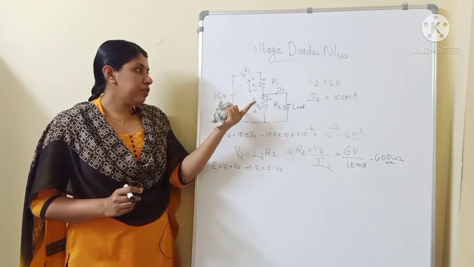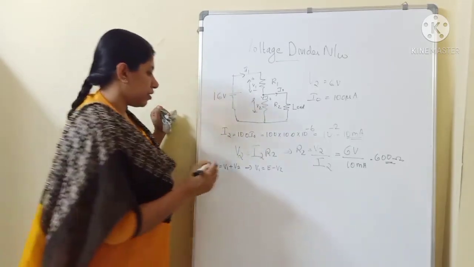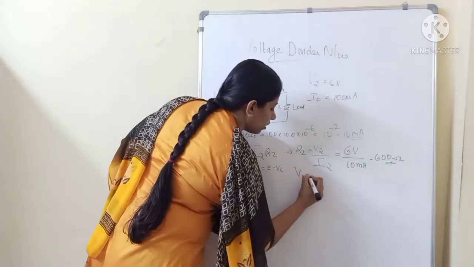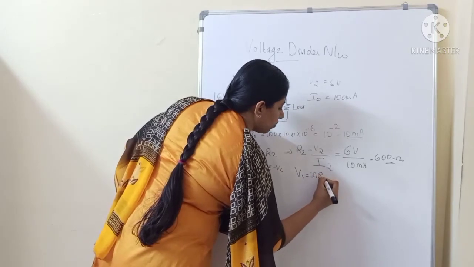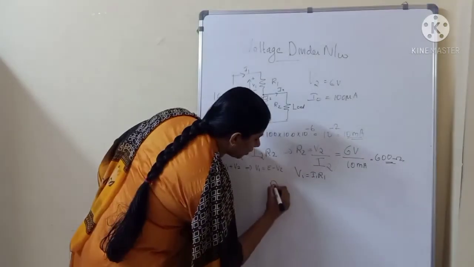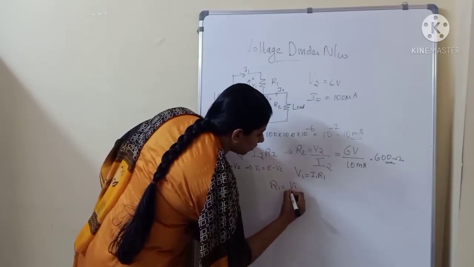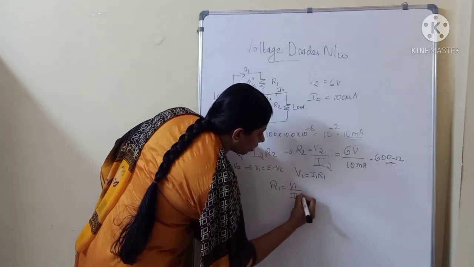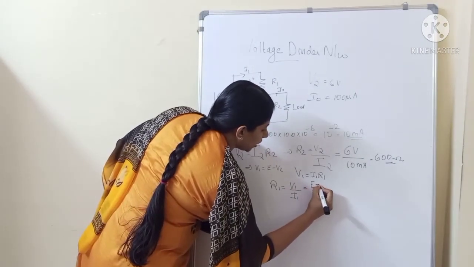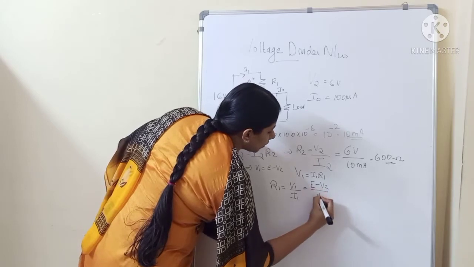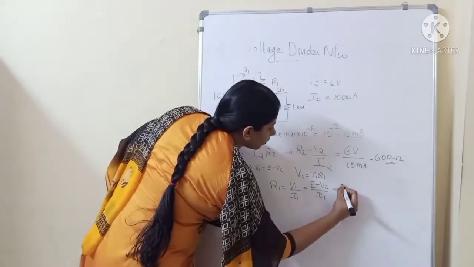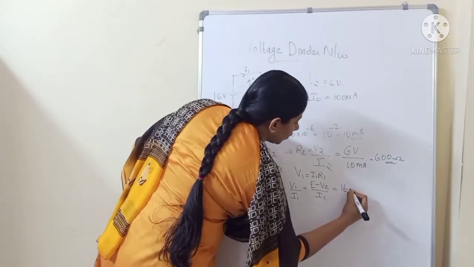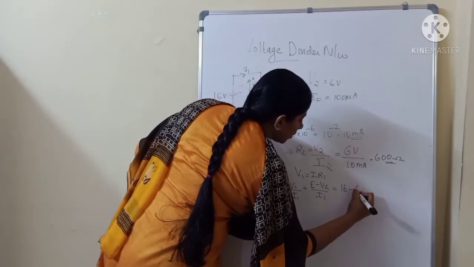Now in order to find the value of R1, we know the equation V1 is equal to I1 into R1. From this we can calculate R1 is equal to V1 by I1, which is E minus V2 by I1. What is the value of E? It is 16 volt. V2, as we know, is 6 volt.